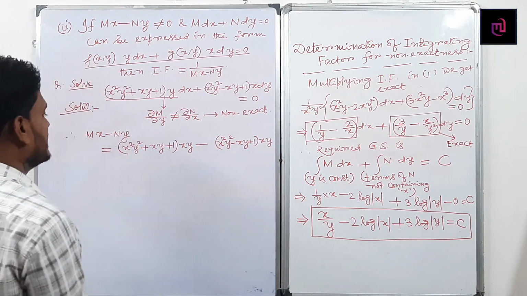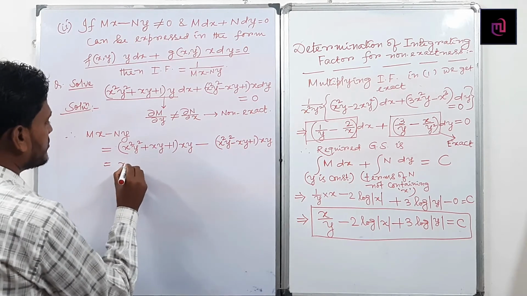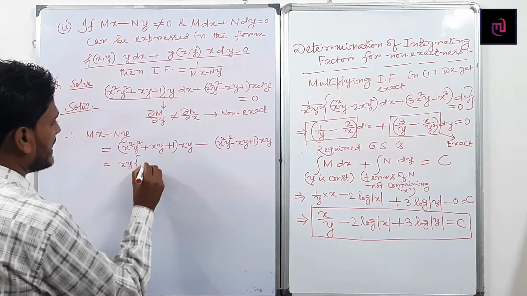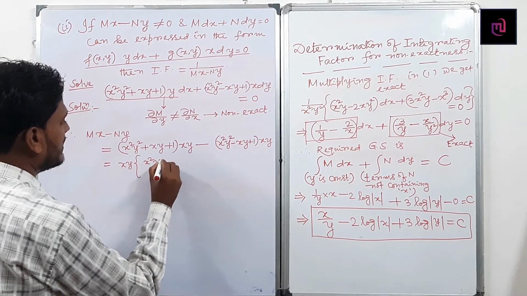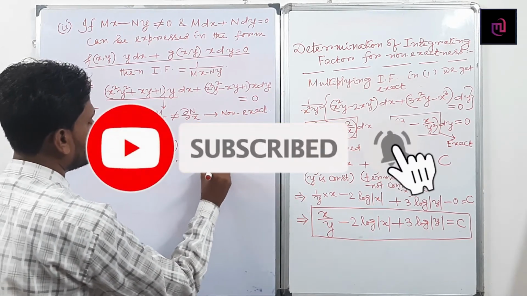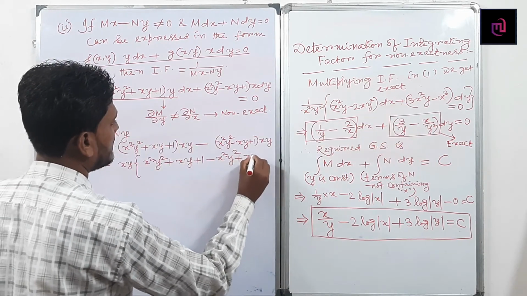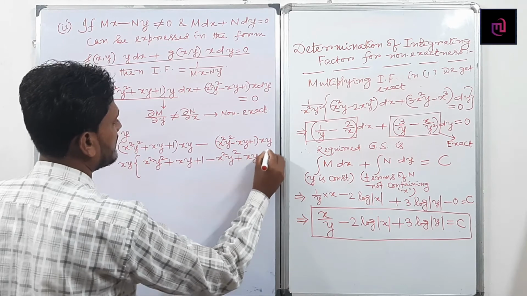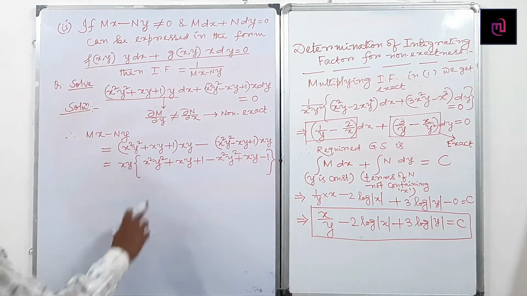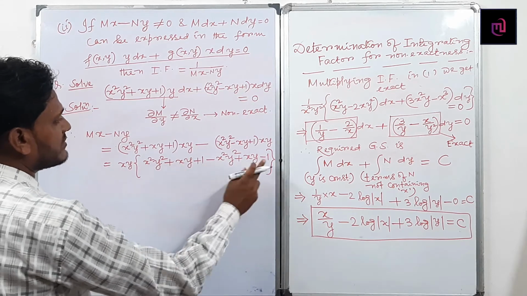Then finally, taking xy common from the two terms, we get x²y² plus xy plus 1 minus x²y² plus xy minus 1. So here x²y² cancels, and the plus 1 and minus 1 cancel.